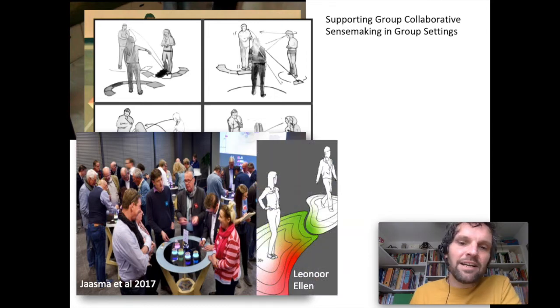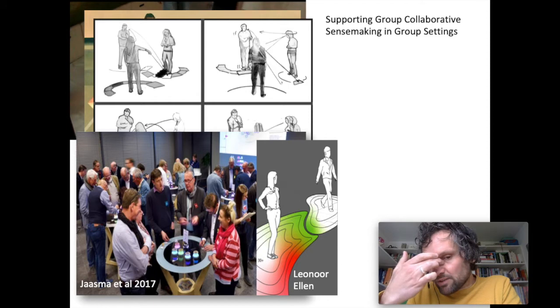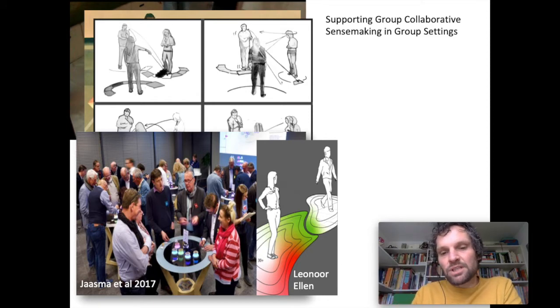And finally, we used the same principles also in a more critical, provocative design assignment by Leonore Allen, who was a master student, who worked with high school pupils, young adults, talking about how they see themselves and their own identity, and what the role of social media in it is.